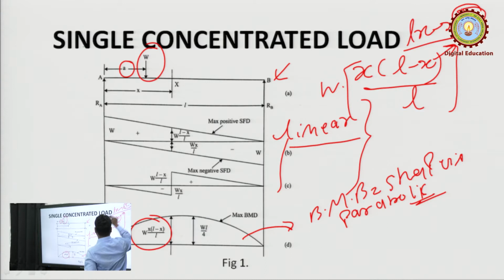This square term shows we have a parabolic variation.